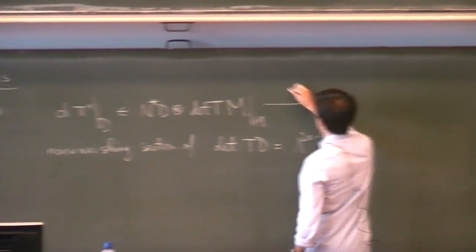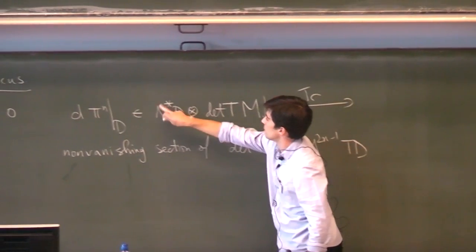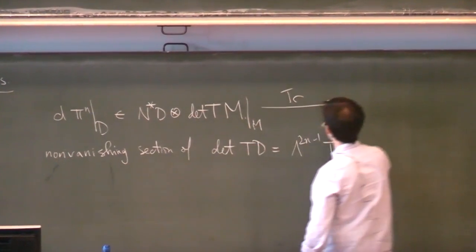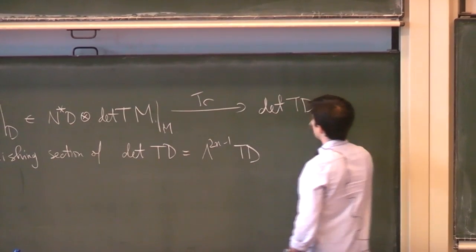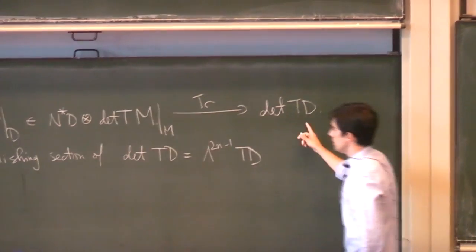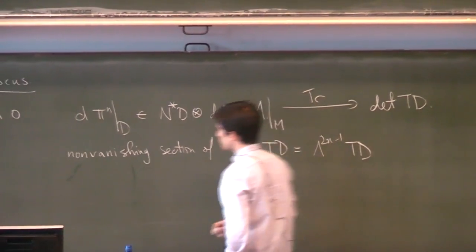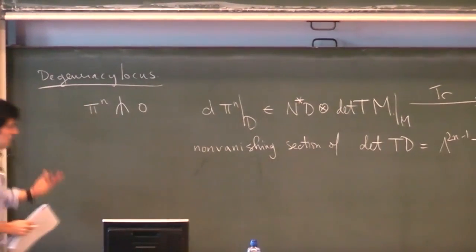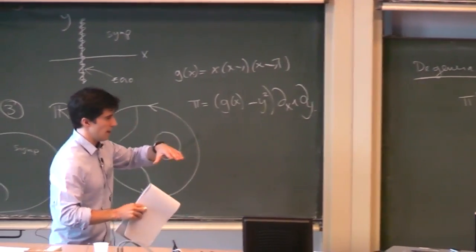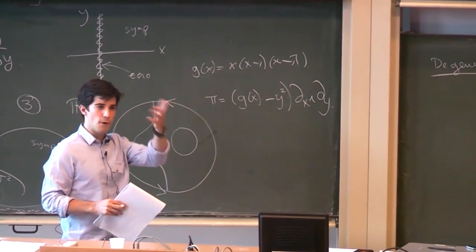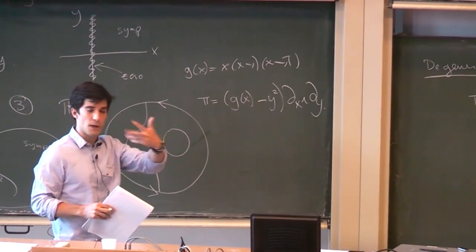So here you could think that there's a trace, a contraction. You could take this conormal and hook it into here, and you get exactly an isomorphism to the top power of the determinant bundle of TD. So this is non-vanishing. In other words, this degeneracy locus automatically has a co-volume, which you could invert because it's non-zero, and you could integrate it, and so it has an actual volume.